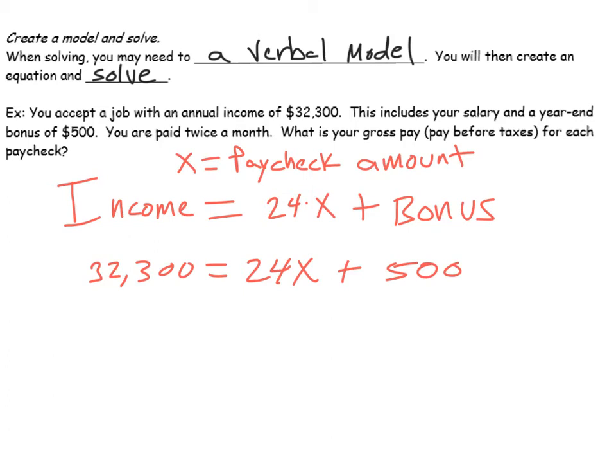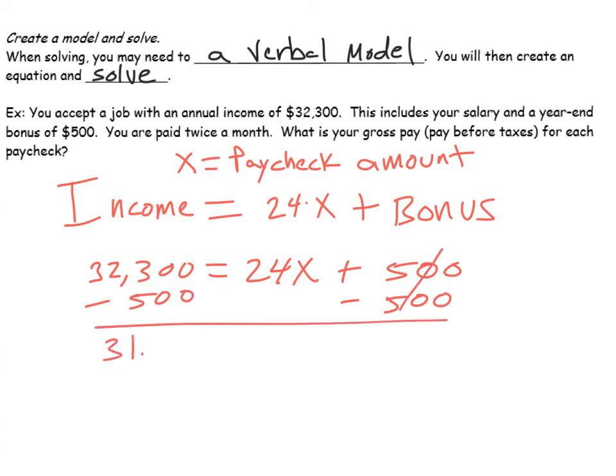Once you've got it as your equation, right? You can see how like the verbal model was kind of my intermediate step. It just becomes an algebra problem. In this case, it will take 2 steps. All right, take out the bonus. I've got $31,800 left over, divided amongst those 24 paychecks.